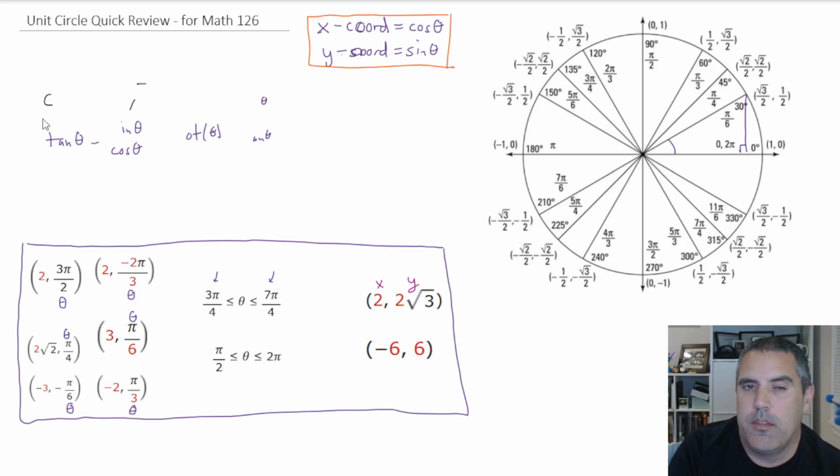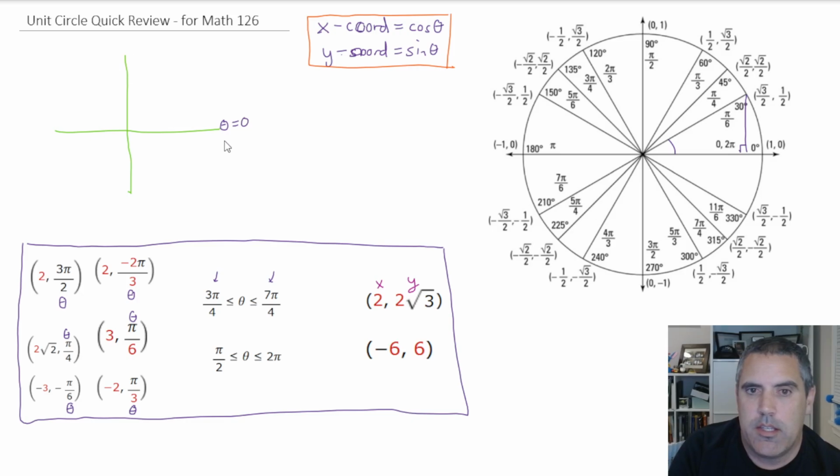Okay, so the next thing I noticed that some students have forgotten is how we break things up. So let's remind about how that goes. Quick note, we call this angle 0. If you go all the way around, we call this angle 2 pi. The rest of it is just divided up from that.